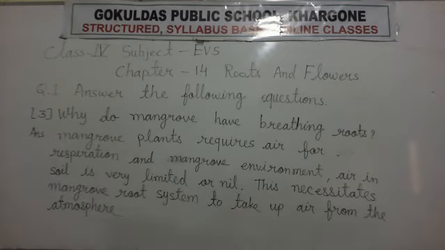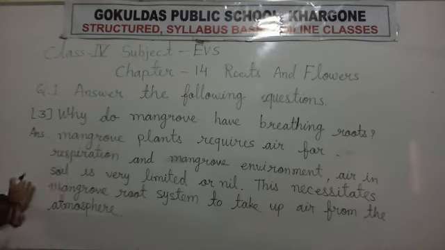Okay, this is the answer number 3. Once again I read it for you. Mangrove plants require air for respiration. What is the meaning of respiration? Inhaling and exhaling air. This process is called respiration. And mangrove environment means plants that are found in the marshy areas.